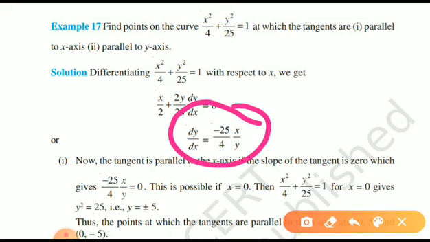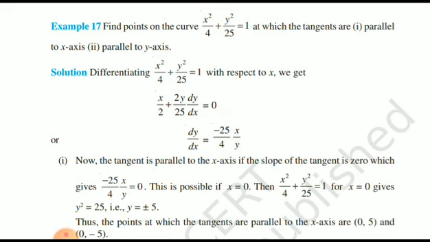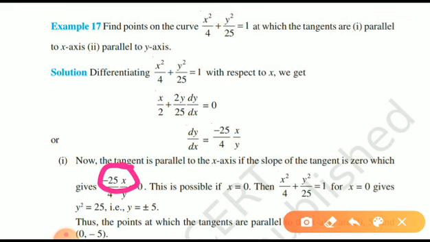Find your dy by dx, then according to the question check whether it is parallel to the x-axis or parallel to the y-axis. Now here first we have to check if the tangent is parallel to the x-axis. If the tangent is parallel to the x-axis, we can say that the slope of the tangent will be 0, and hence the value we have got is 0, and that will be 0 only when your x is 0.